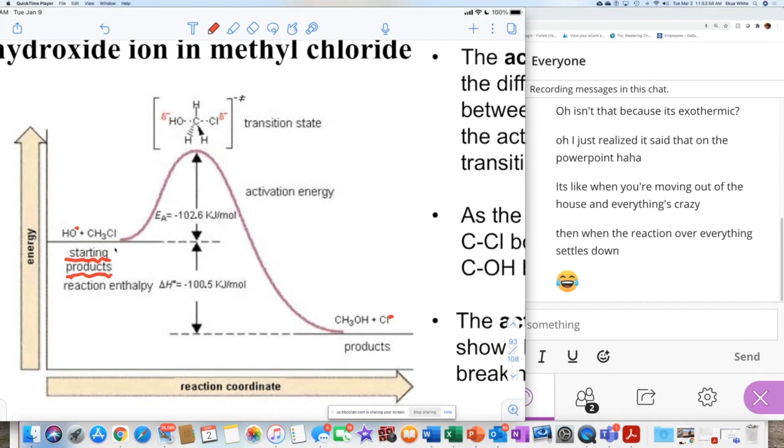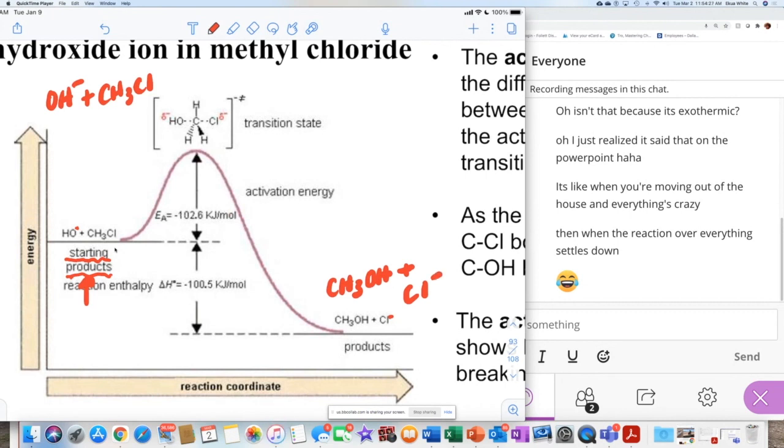Okay, so for our reference, this is our reactant, this is our starting point. You can see you have OH minus, and it's doing something with CH3Cl. And then when we look at our ending point here, now we have the CH3 with the OH instead of the Cl, and now the Cl is by itself, right?